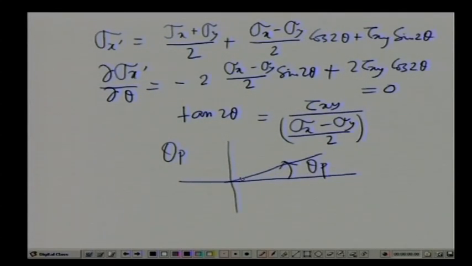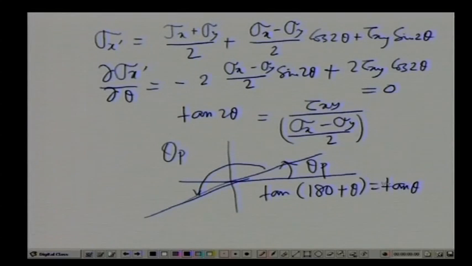Also, we will get another angle which is at 180 plus theta, as tan of 180 plus theta is equal to tan theta. Hence, we have one as twice theta p and another angle at 180 degrees plus twice theta p, which will give us two values.